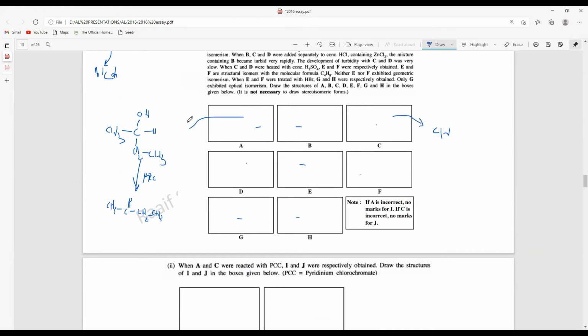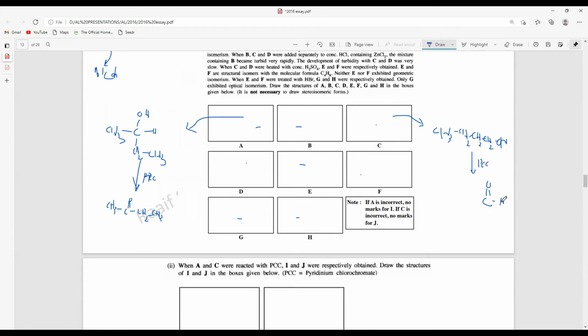So CH3, CH2, then another CH2, another CH2, and this is OH. Okay, this is C. So you add PCC, pyridinium chlorochromate, which is a mild oxidizing agent, and your CH2OH is going to end up in the aldehyde form.